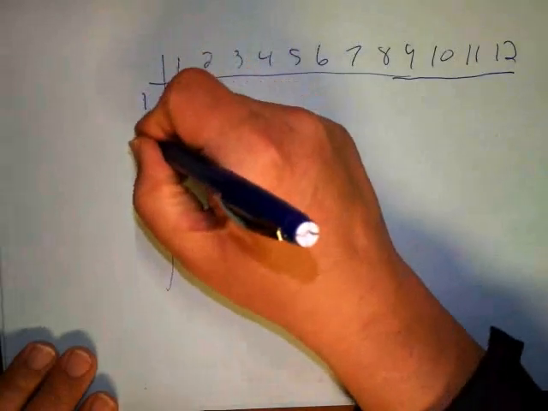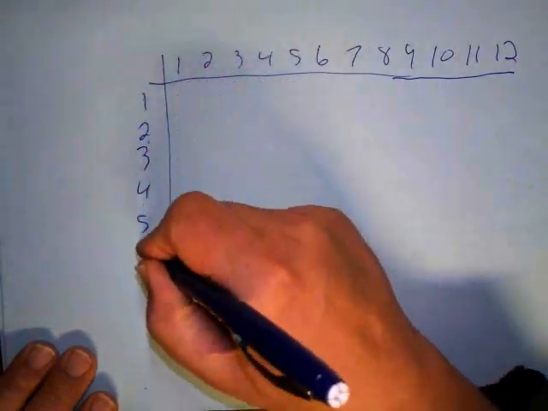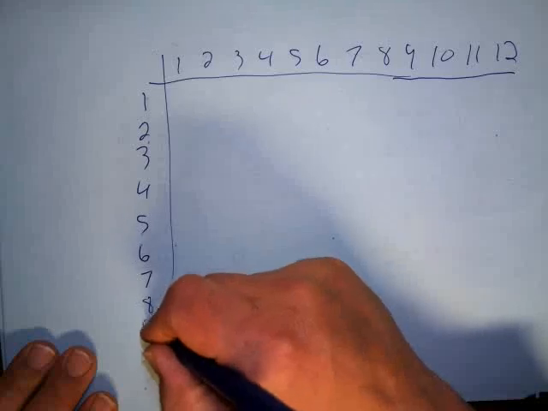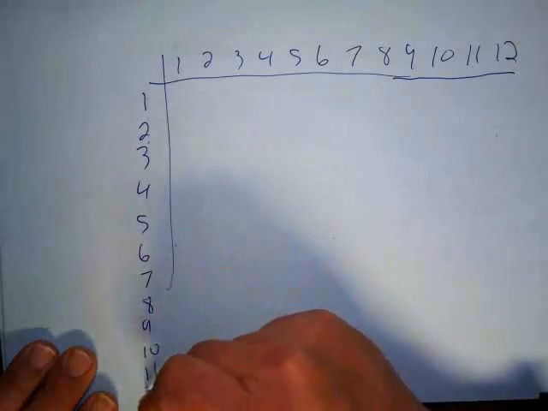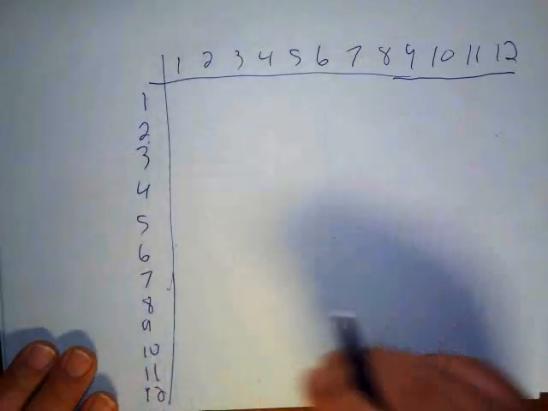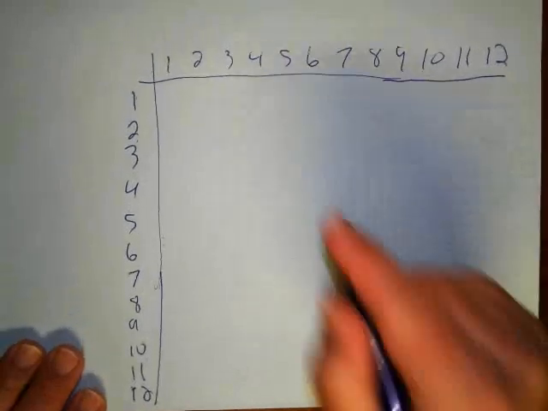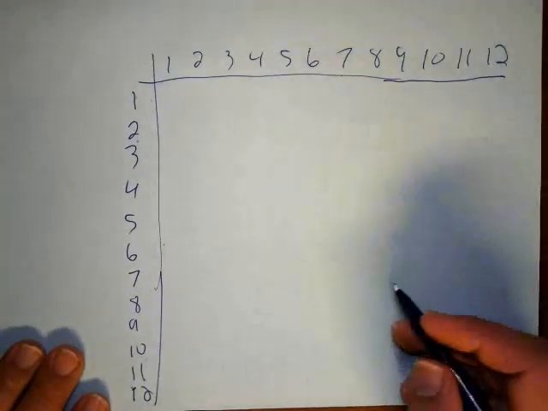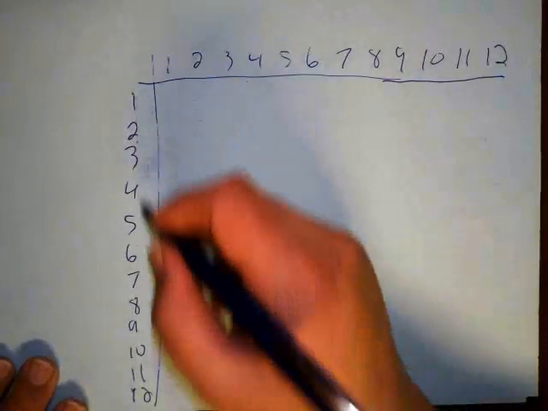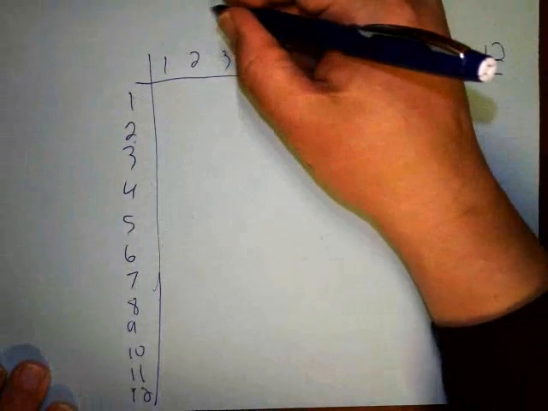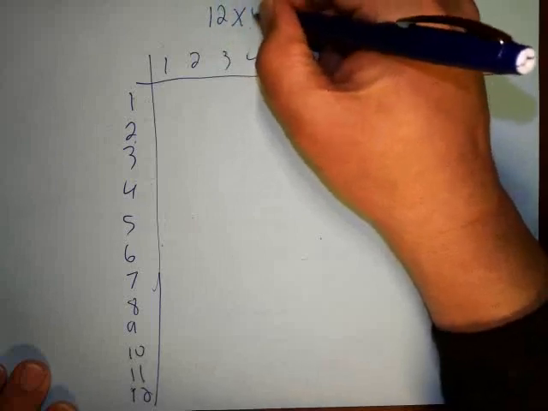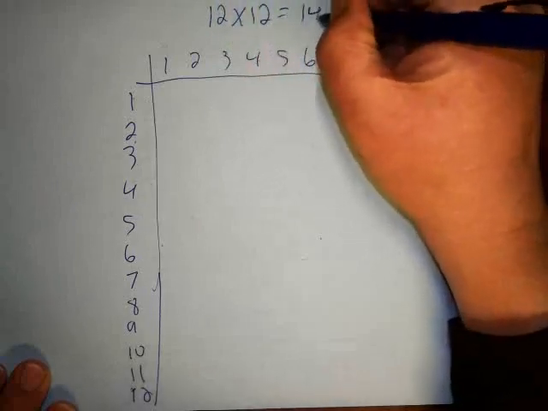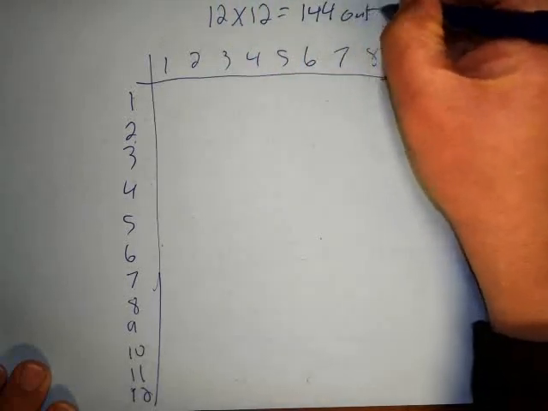This would be the numbers from 1 to 12. Right? And then you could list out all these possible outcomes. Now the question is, how many outcomes would there be? Well, this is a 12 by 12 square, right? 12 by 12, that's 144 outcomes now.